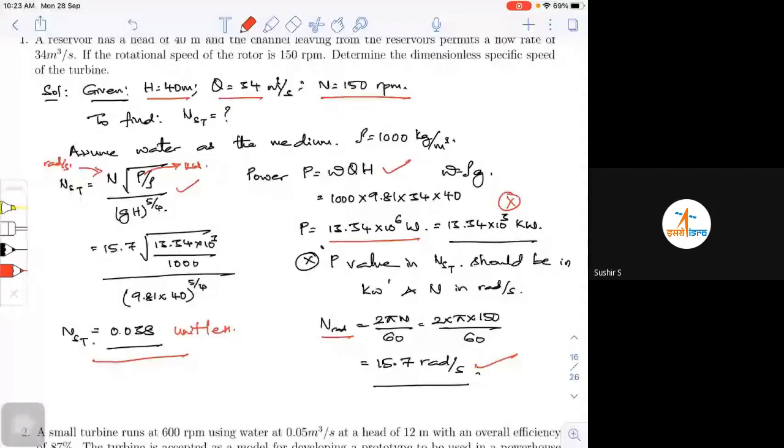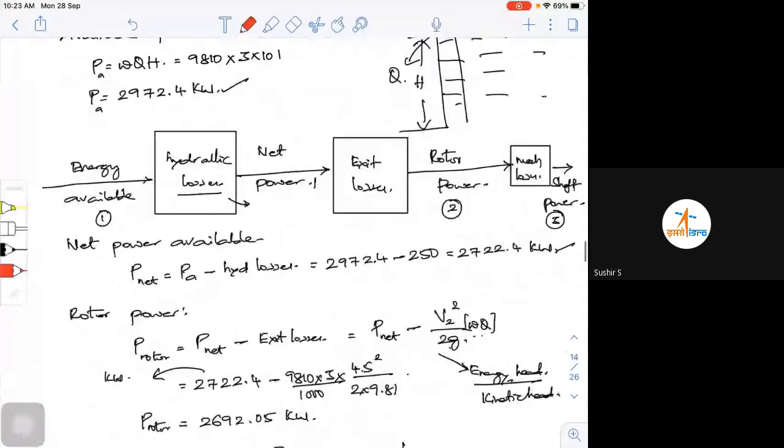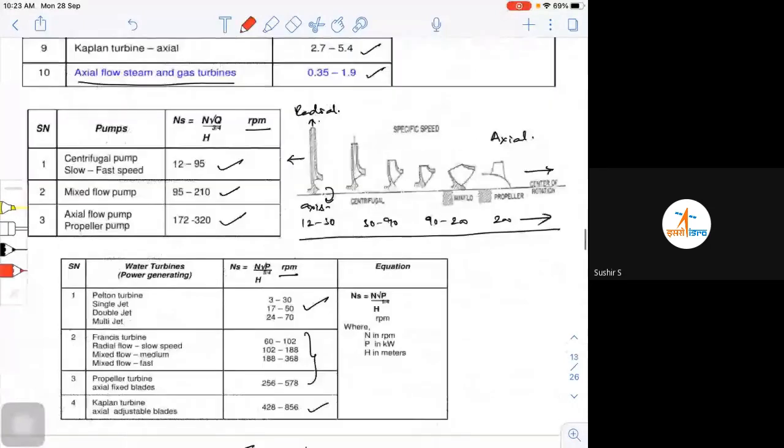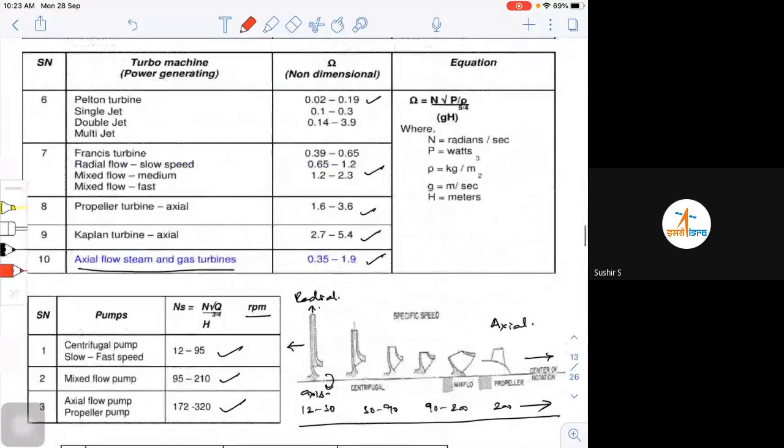Now, let's go back to the table. Look at this 0.038. I have a range between 0.02 to 0.19, and here the number is 0.038. So I may have to go with a Pelton turbine with a single jet.